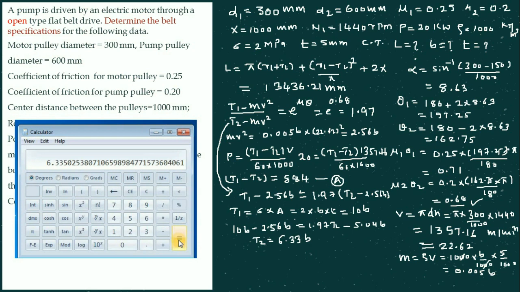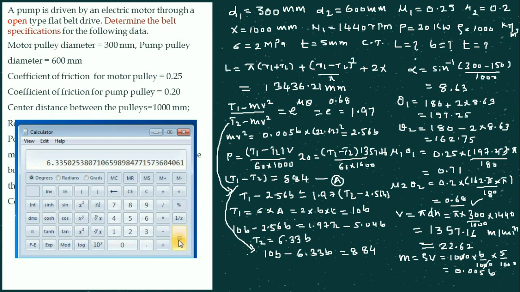Let's make use of this formula that I am going to use now. T1 is 10 B, T2 is 6.33 B, and T1 minus T2 is equal to 884.